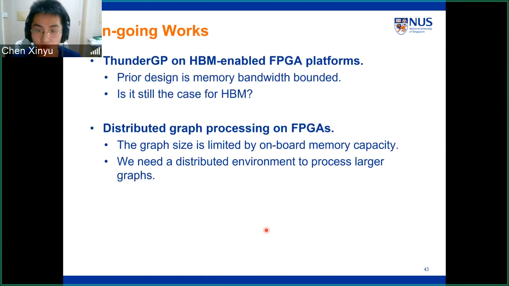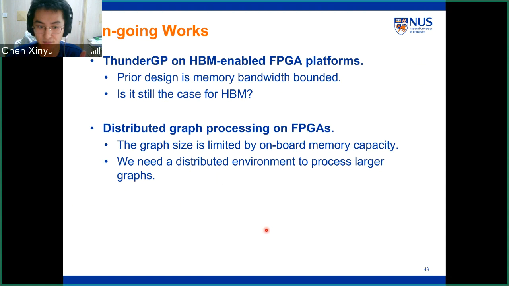So for ongoing work, now we are trying to extend to HBM-enabled platforms, because as we mentioned before, current graph processing on FPGAs is still memory bandwidth bound, and ThunderGP fully utilizes the memory bandwidth of 4-channel hardware platforms. But is that still the case for HBM?